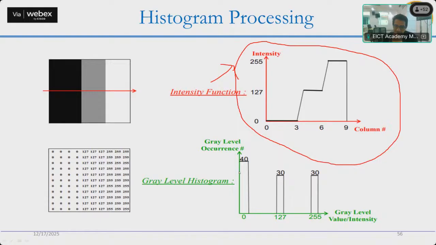On the y-axis, it is 40, this is 30, this is 30. So 1, 2, 3, 4. Here 1, 2, 3. Here 1, 2, 3. Is it the correct one? Yes, absolutely.